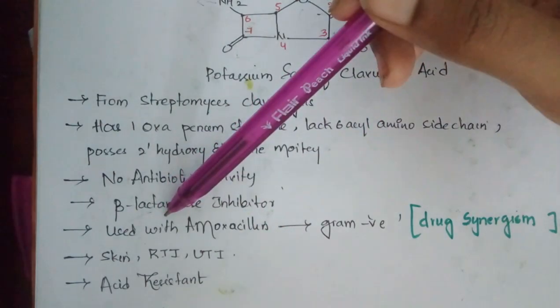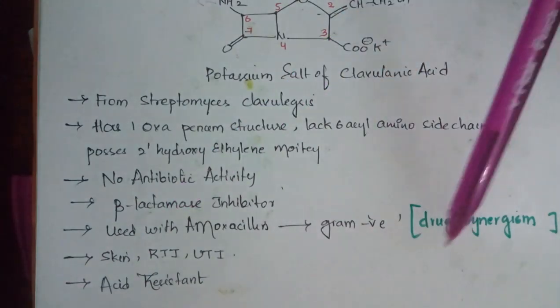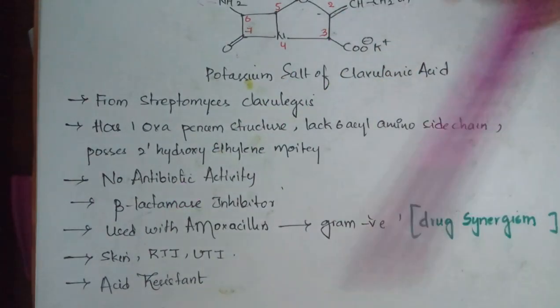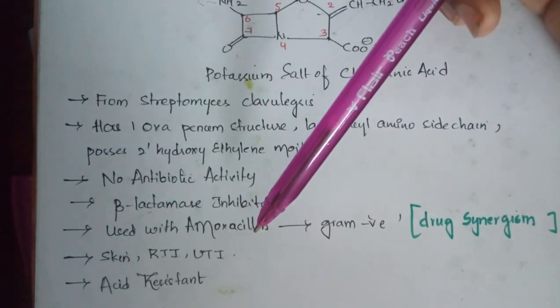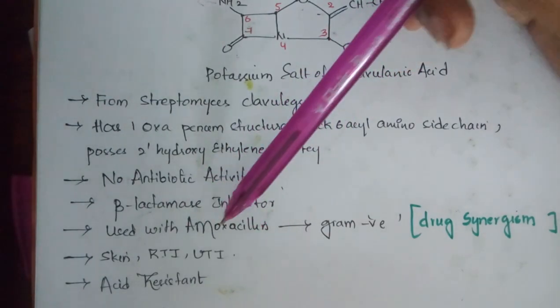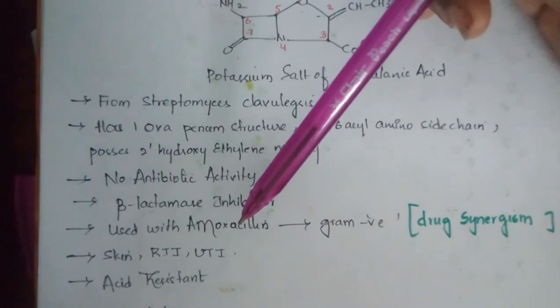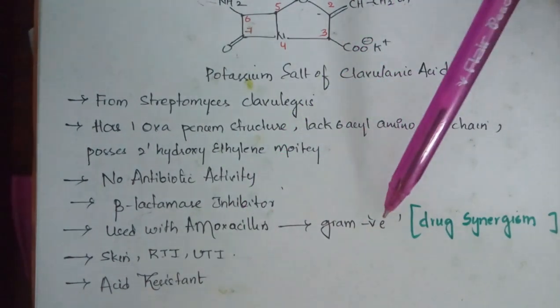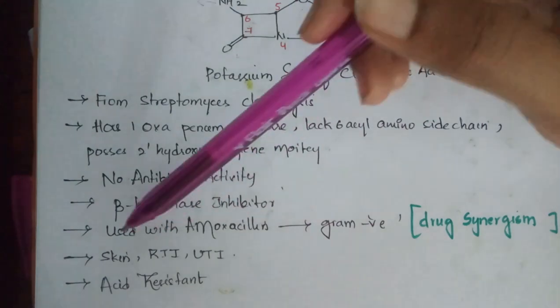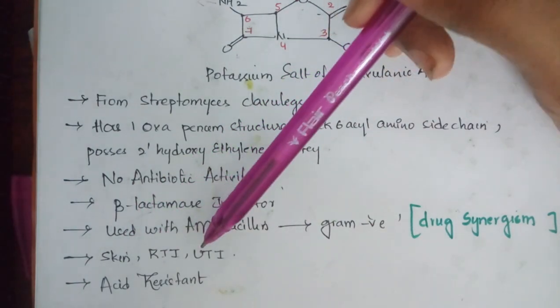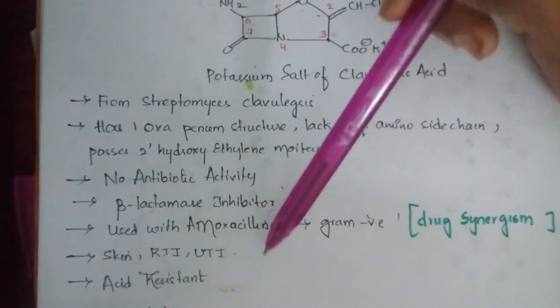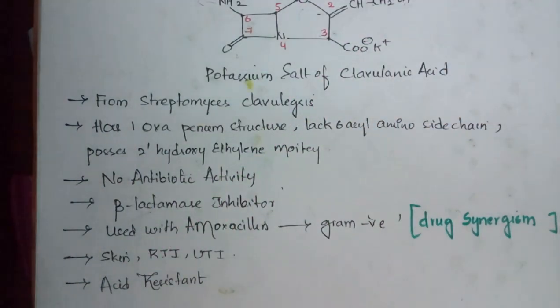By mixing the two drugs, known as drug synergism, it will make amoxicillin active against gram-negative bacteria also. It is used for skin infections, respiratory tract infections, and urinary tract infections. It is also resistant to acid, so it can be taken orally.